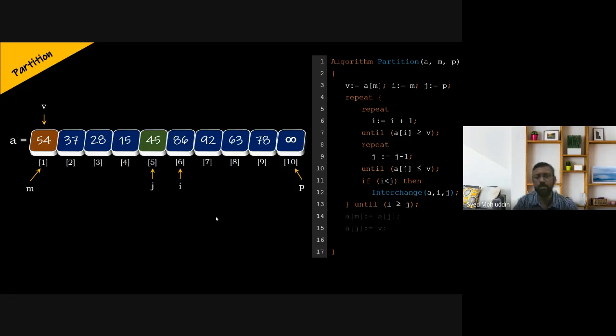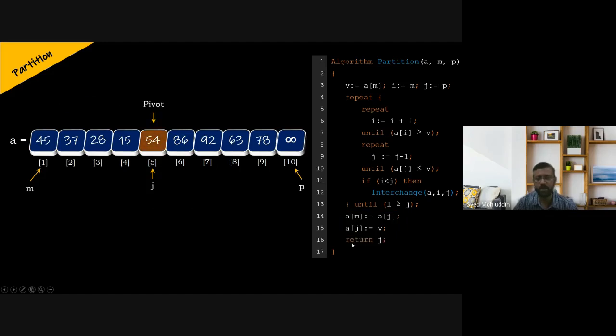And then what do we have to do? We have to swap the pivot element at index m with the element present at index j. So we use A of m equal to A of j and A of j equal to V. These two statements swap the elements and the pivot's position is found.